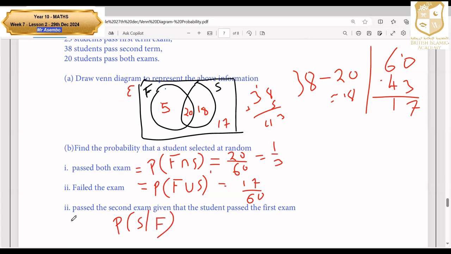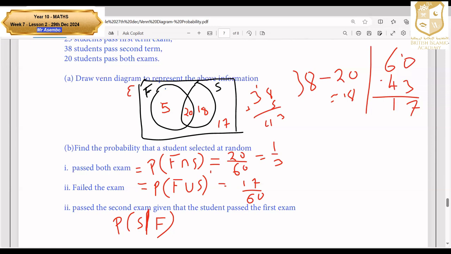That line means "given", or that event has already happened. So we pick S given that F: he has already passed the first term exam. So our sample space now becomes this one.